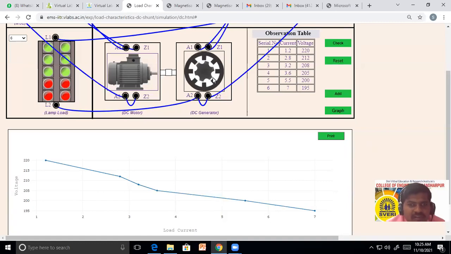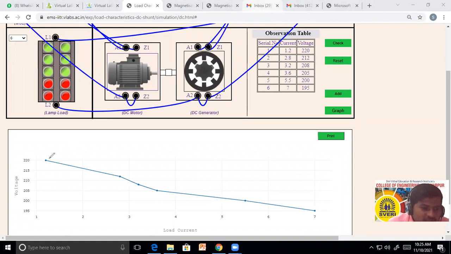At first reading 1.2 ampere current is there, the voltage becomes 220, and after the current increases, that means load increases, load increase झाला, current increases.